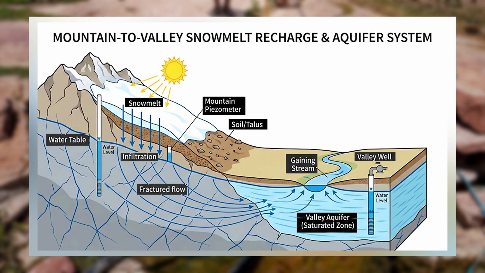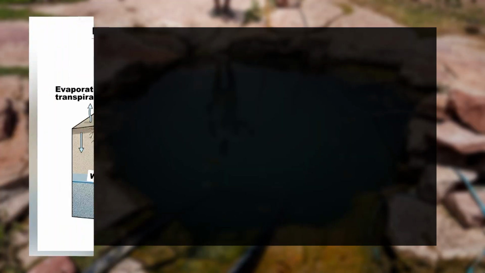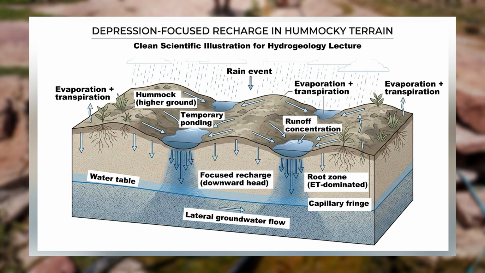So far as depressions, which are focused recharge, are concerned, nature is rarely perfectly flat. In terrain that is hummocky, bumpy with small hills and hollows, rain does not soak in evenly. It runs off the bumps and collects in the hollows or temporary ponds.